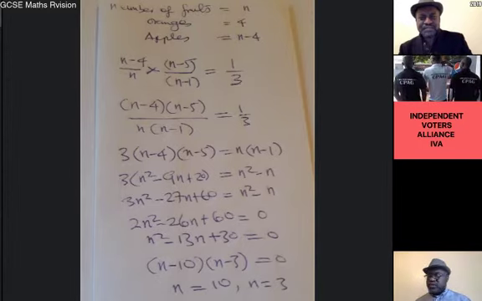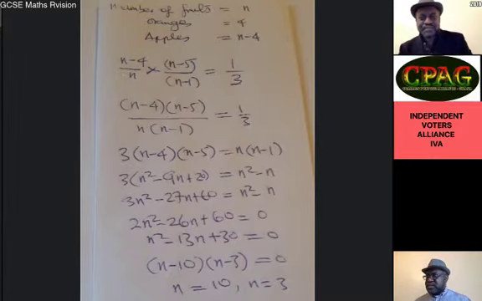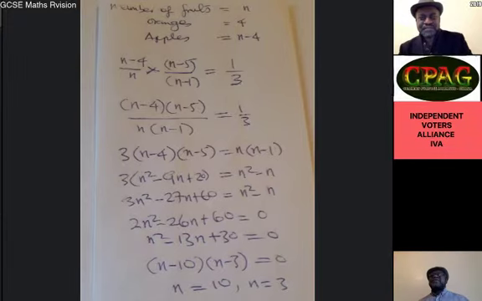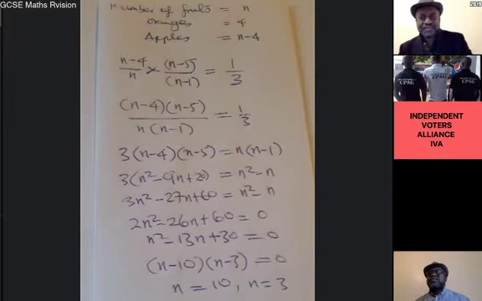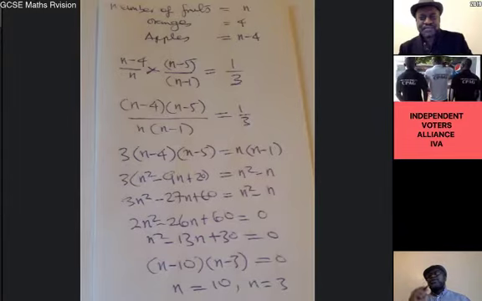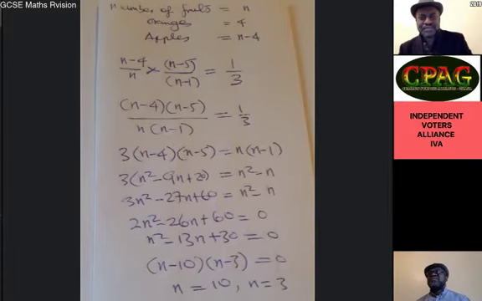So here we go. The first fruit taken, the probability that it is apple, is the number of apples in the bowl over the total number of fruits in the bowl. That is how you do it.